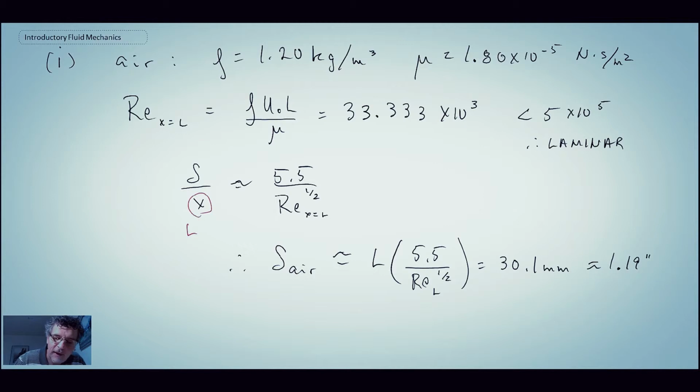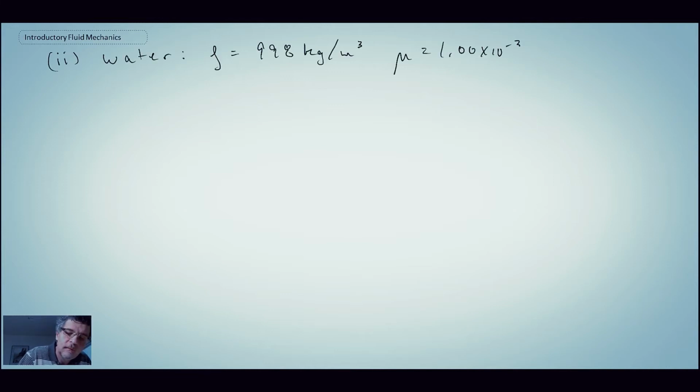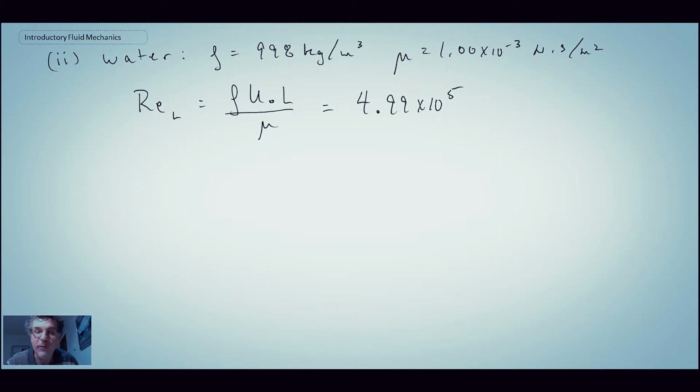Let's take a look at what is happening with water. Evaluating the Reynolds number, we get a number 4.99 times 10 to the 5, which is just barely under our 5 times 10 to the 5 for laminar.